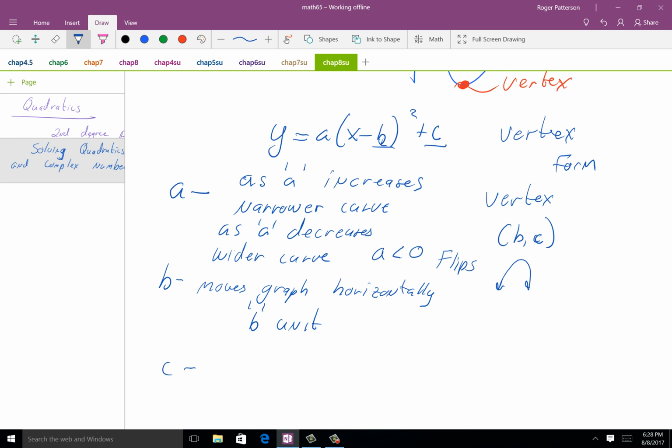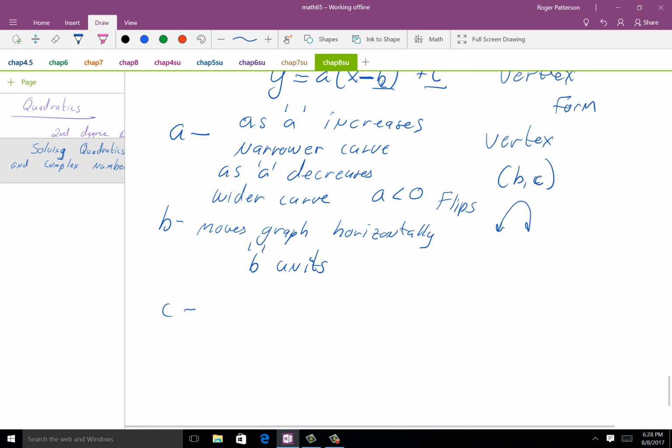Now we have to be careful with that because this is a minus, okay? And I'll give you an example of what we're talking about, but you have to be aware of that because that's a minus. Okay, what does C do? Moves the graph vertically. Yep. Moves graph vertically. C units.